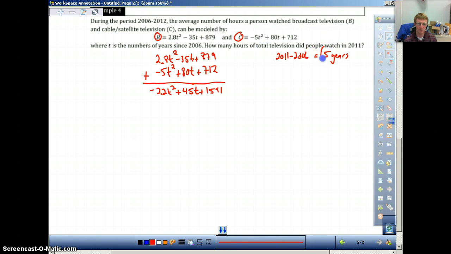So we're going to take this 5 and we're going to plug it in for t. So negative 2.2 times 5 squared plus 45 times 5 plus 1591. And you just plug that into a calculator and you will get 1,761 hours.